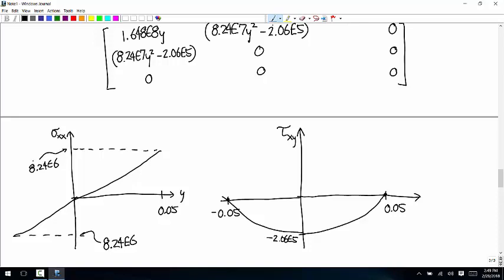The fact that these are different by more than an order of magnitude says that we're going to be more concerned about fracture due to the bending moment. If we did this all as a function of y and calculated the y value where the principal stresses were biggest, it's going to be somewhere closer to a y value of 0.05 because the effect due to the bending moment is so much bigger than the effect due to the shear force.